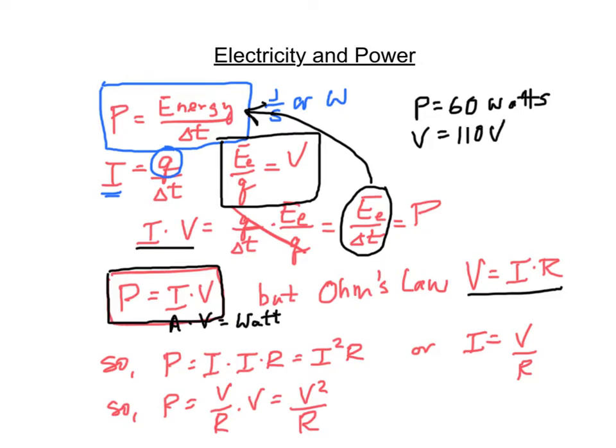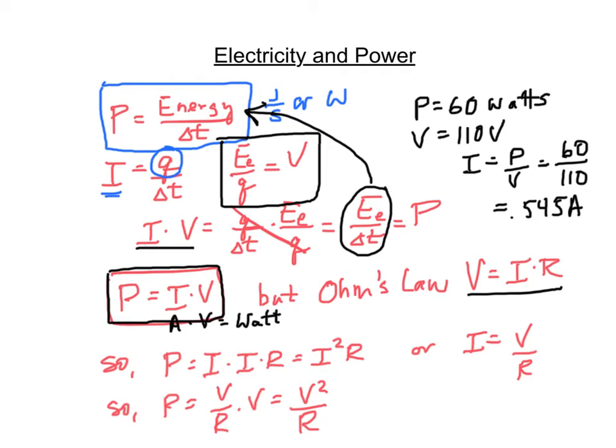So we could easily find the current, because based on that equation, current is power over voltage, which is 60 over 110. I'll take this offline while I calculate that. That is 0.545 amps.